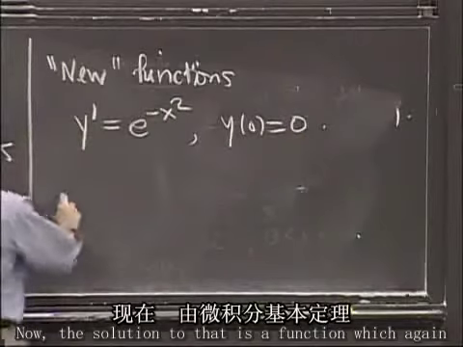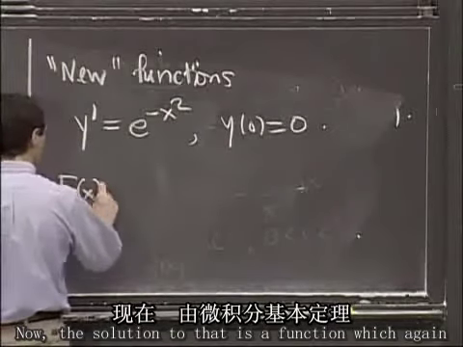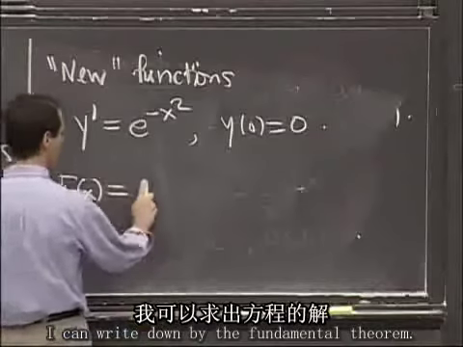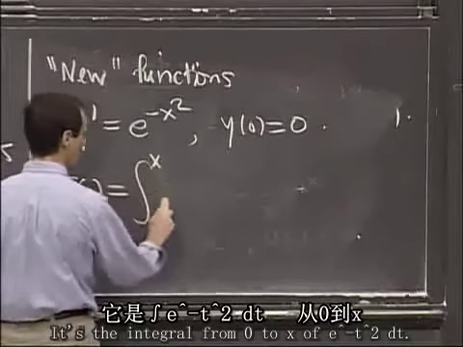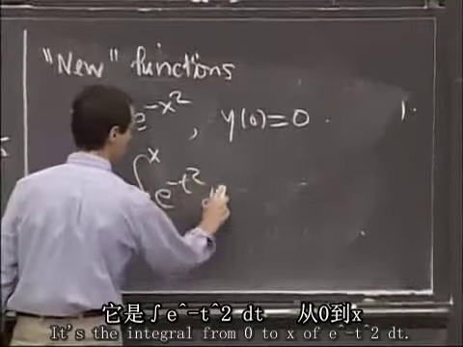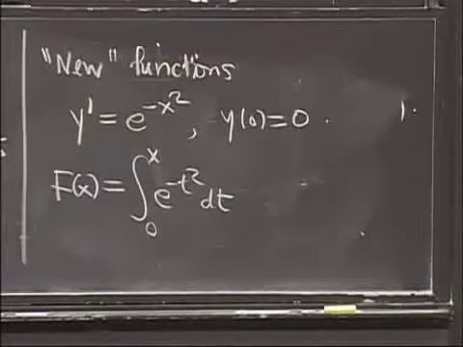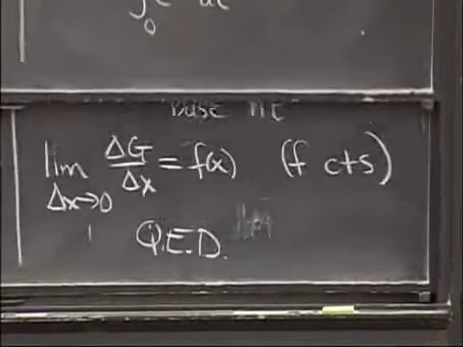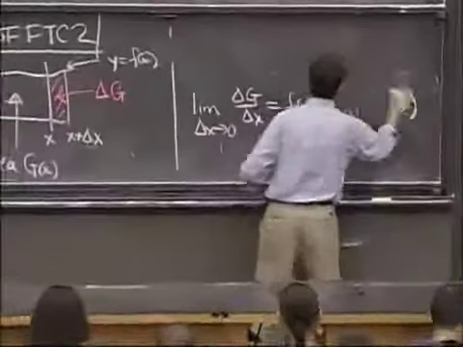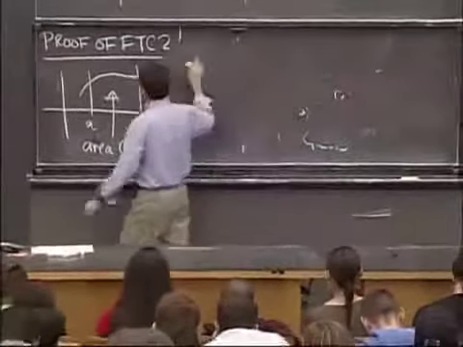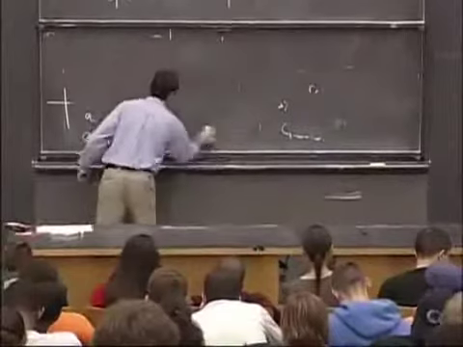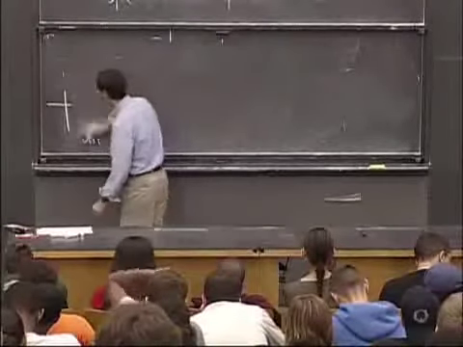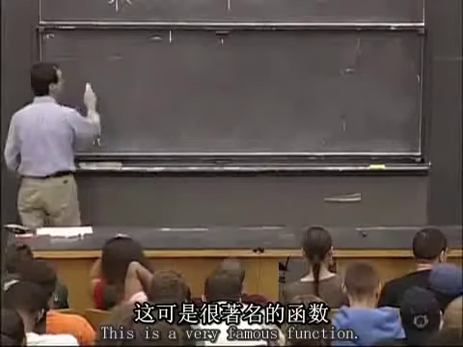Now, the solution to that is a function which I can write down by the fundamental theorem. It's the integral from 0 to x of e to the minus t squared dt. This is a very famous function.